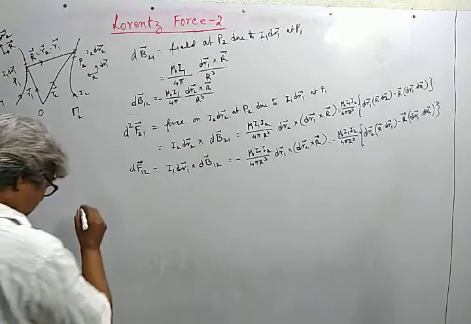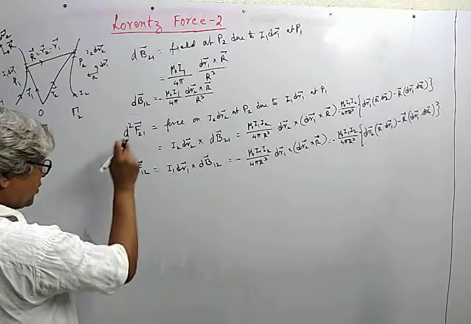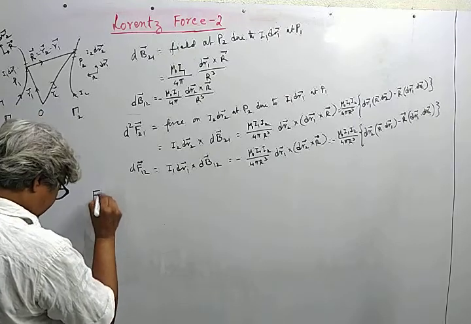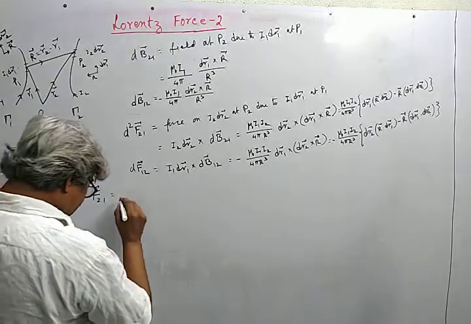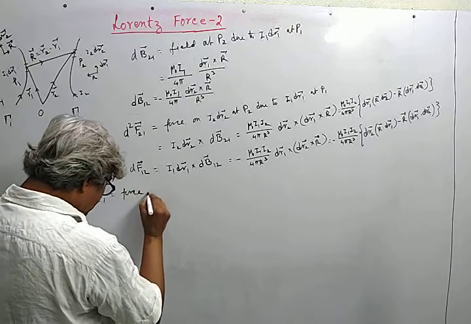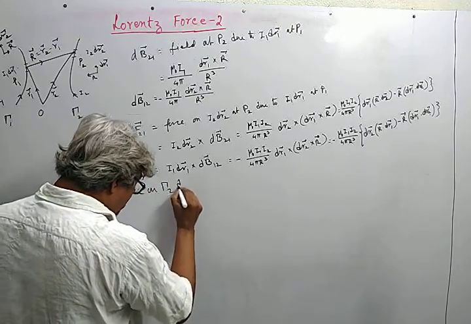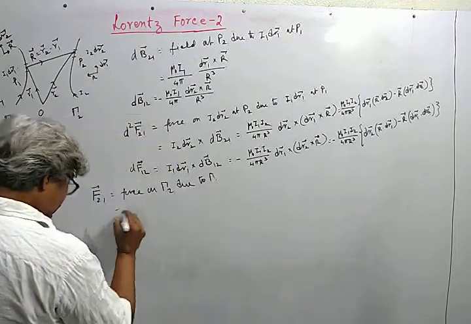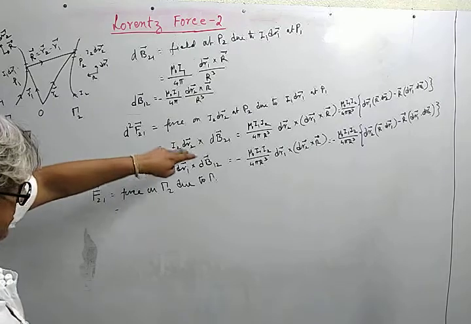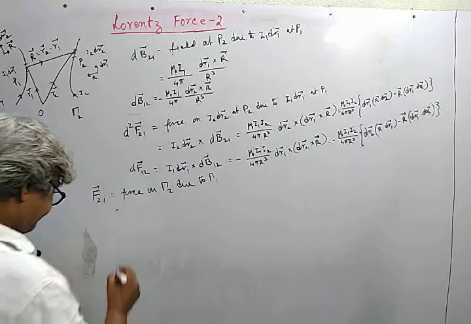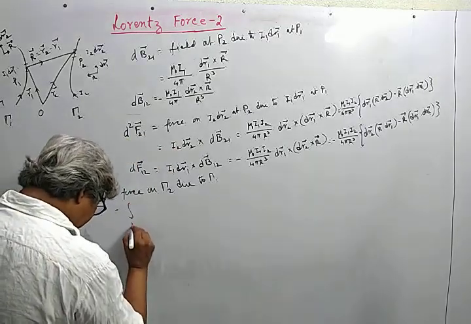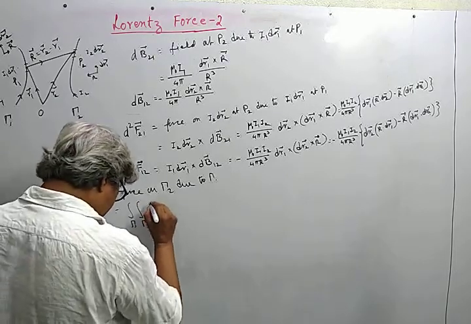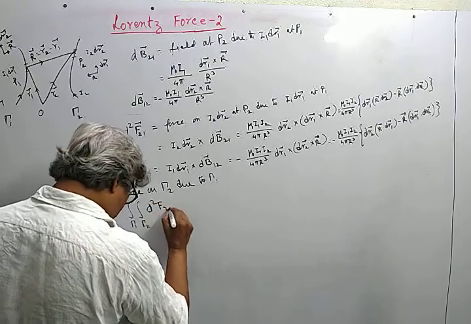Before going to that, the total force on conductor 2 due to 1, the force on tau 2 due to tau 1, is obtained by integrating this expression, that is, integration over tau 1, integration over tau 2 of d2F21.